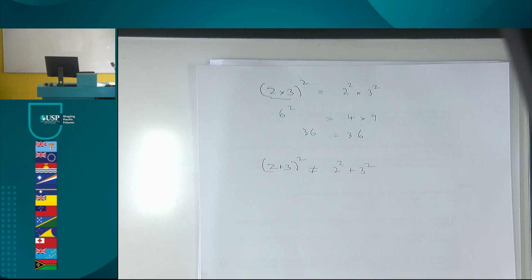What does this give? 5 squared, 25. 2 squared is 4, plus 3 squared, 9. 4 plus 9, 13. So law number 4 does not apply with addition. It does not apply to subtraction. But it applies to multiplication and division.